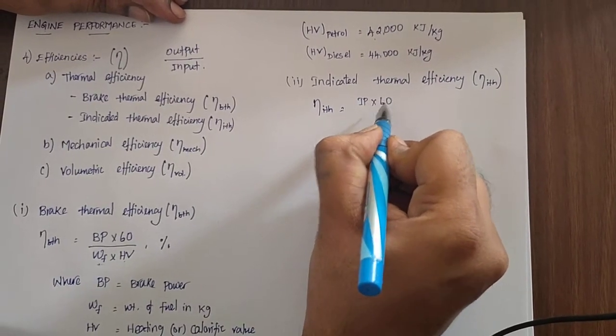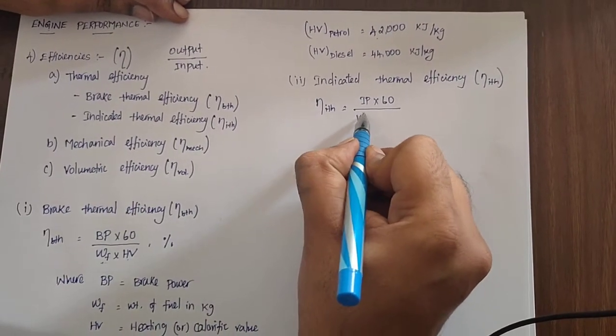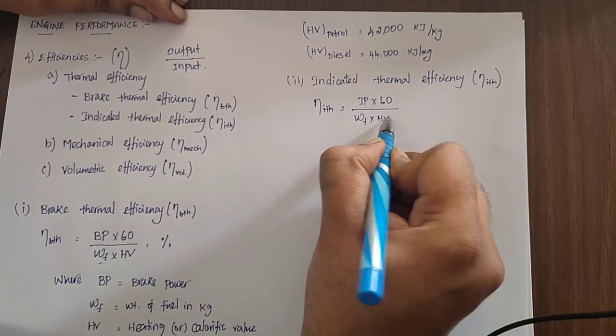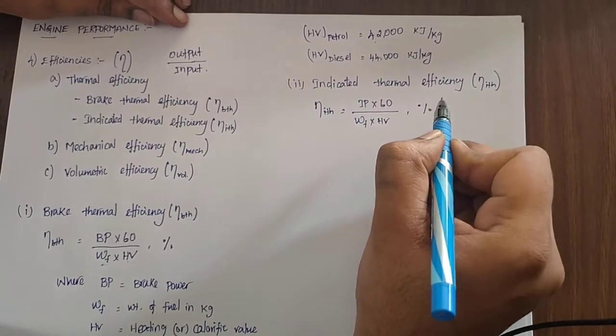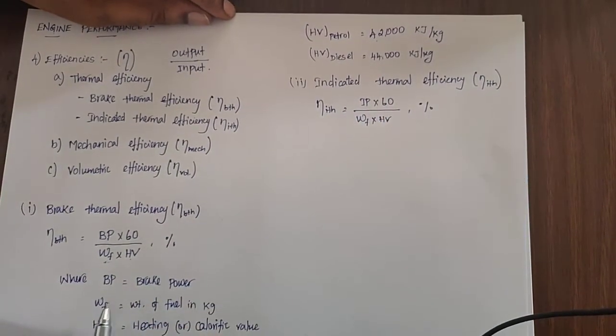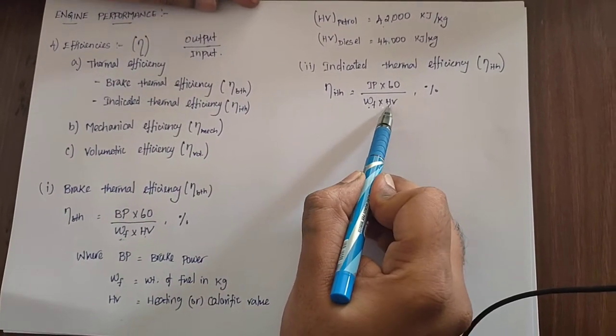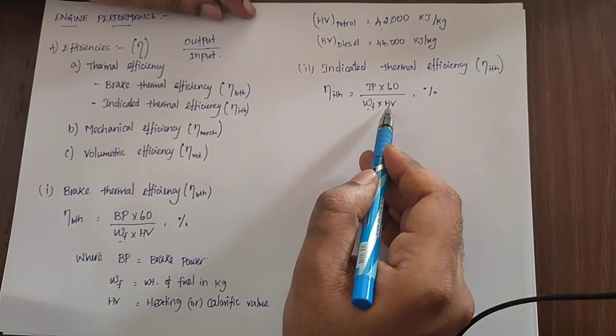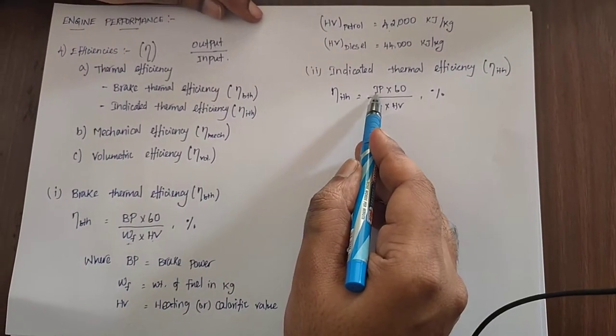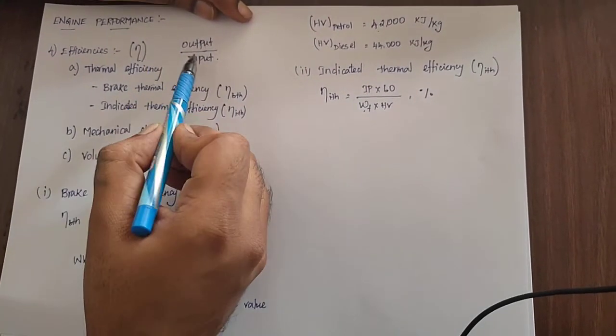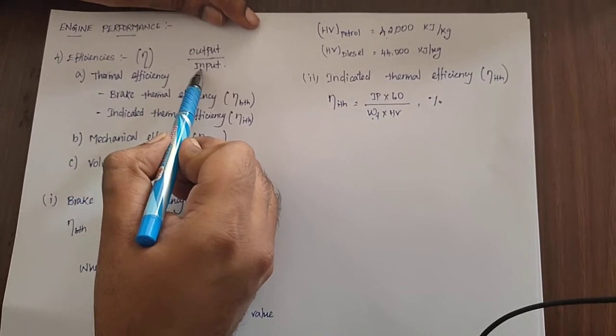So IP into 60 divided by WF into HV, in terms of percentage. Similarly, WF means weight of fuel in kg, HV means heating value or calorific value, and IP means indicated power.